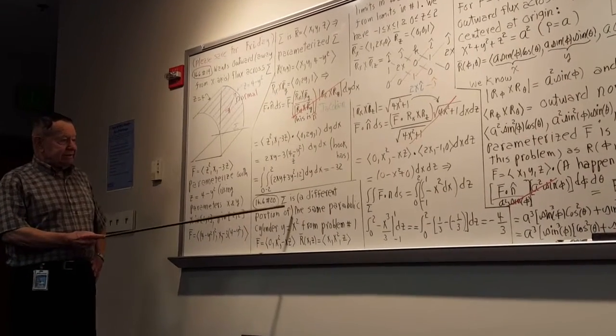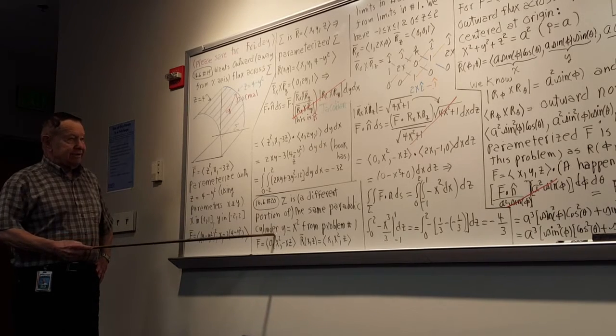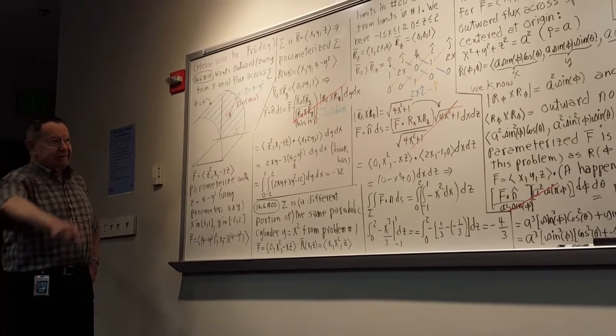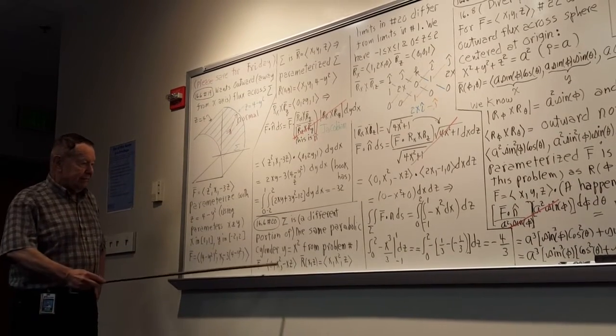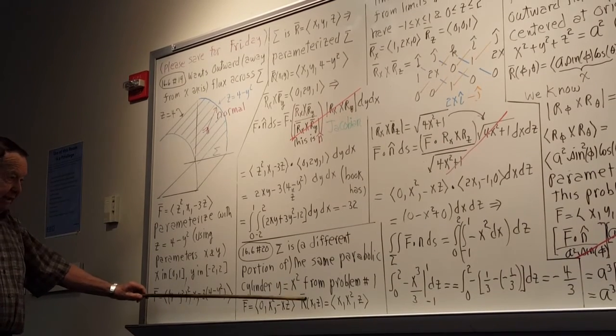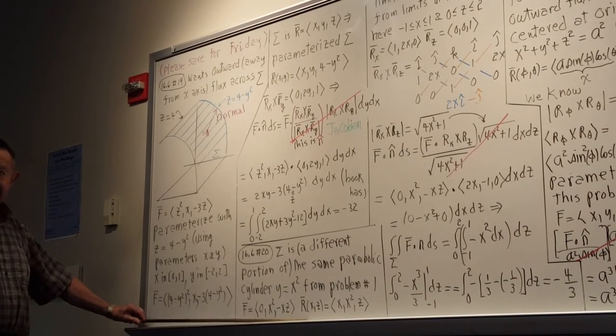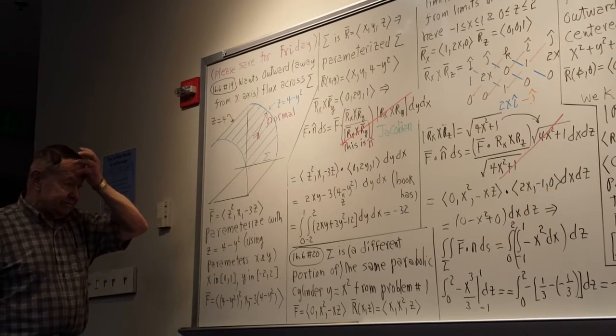So this is the same parabolic cylinder, the blue over there, in that picture of problem 1, but it's between different limits. And now what we're doing is a flux integral across that surface.